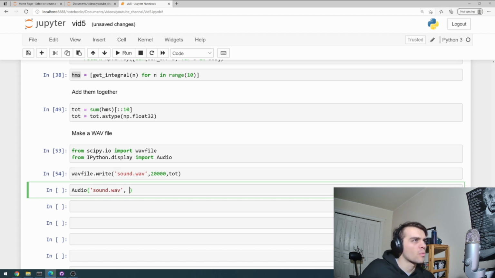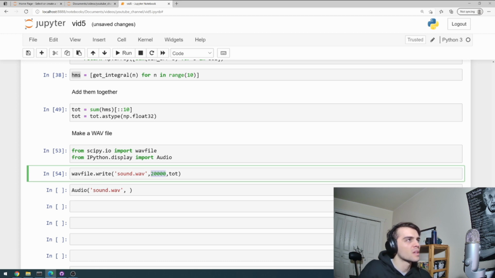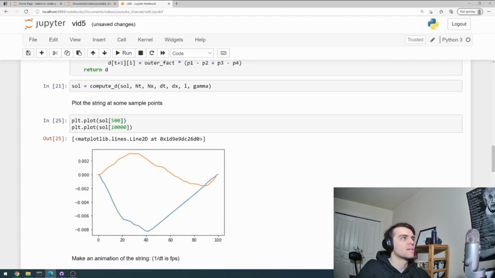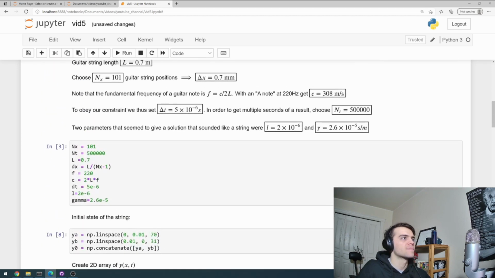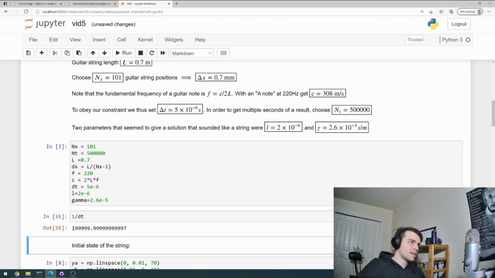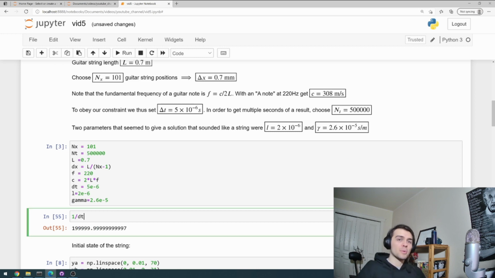And you may be wondering, why did I put 20,000 here? Well, remember I showed above that dt is 5 times 10 to the negative 6. So if I go 1 over dt, that gives me my rate in hertz, which is 200,000 hertz, right? But I put 20,000.